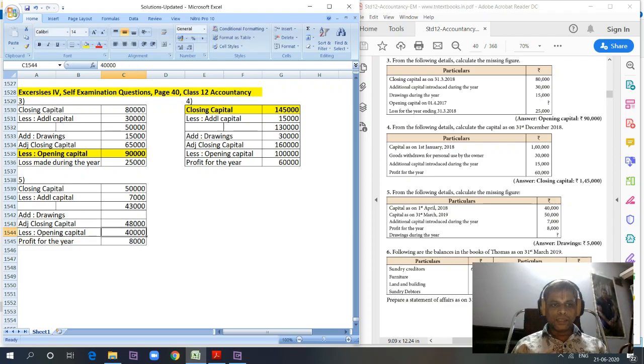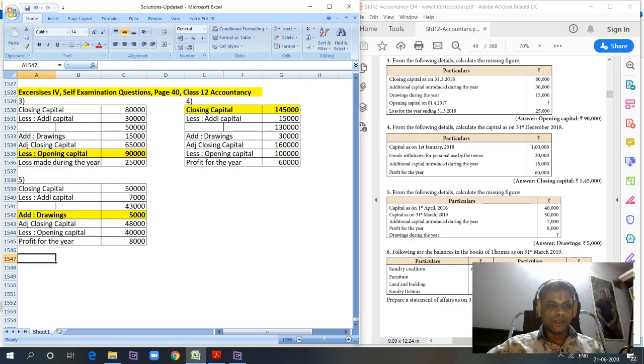So adjusted closing capital is equal to 48,000 and net closing capital is 43,000. So drawings will be 5,000, that is adjusted closing capital minus closing capital. Hope this is clear, right?